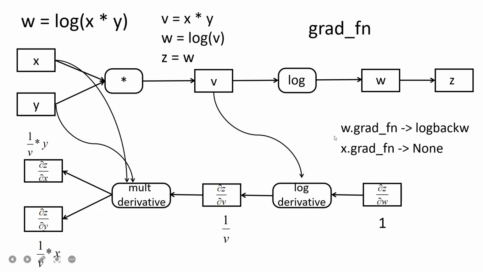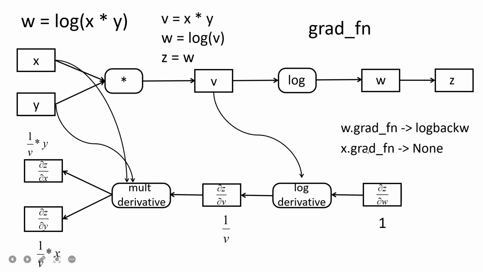Multiplication derivative. Why? Because when you say v.grad_fn, it will see how V was calculated. Listen to this very carefully. What was the operation that led to the creation of V? Then it will say, okay, multiplication was the operation that led to the creation of V, and hence the grad function of that will be the multiplication derivative.